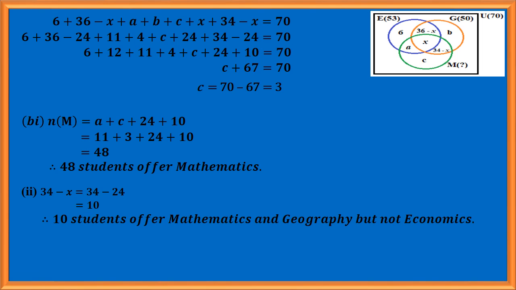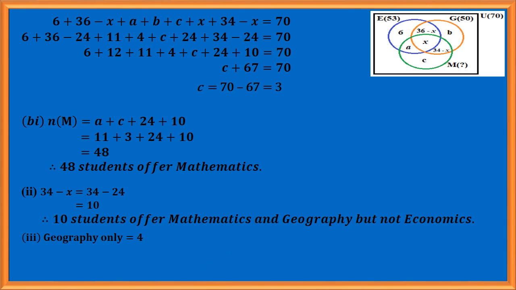Then for the last question, we were asked to find the probability that a student selected at random offer geography only. We need to first of all find geography only, and geography only from the Venn diagram will be b, which is equal to 4.